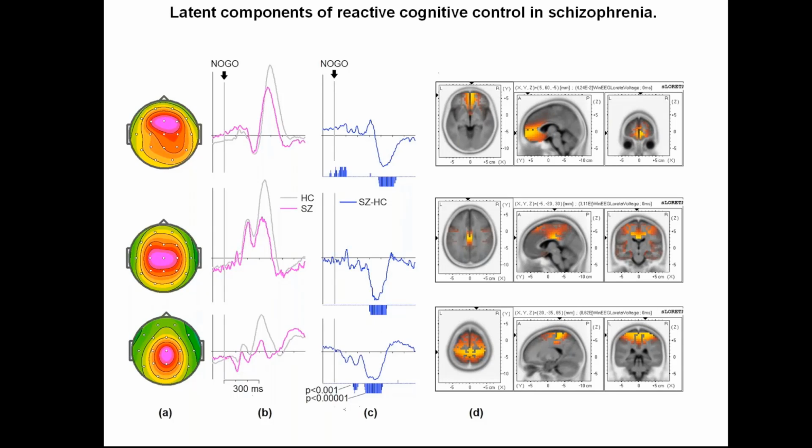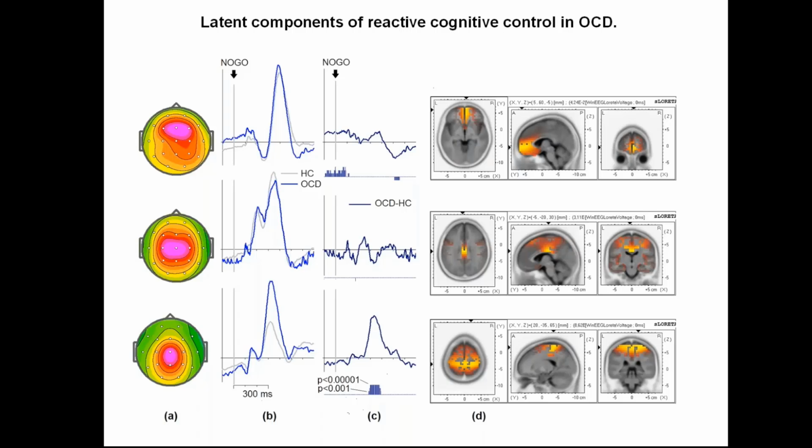Okay. Now, just to give you a flavor, let me show what happens in contrast. This is a schizophrenic patient. Now, what happens in an OCD patient? Okay, this is what happens in an OCD patient. As you can see, there is a completely different pattern of response in OCD patients.